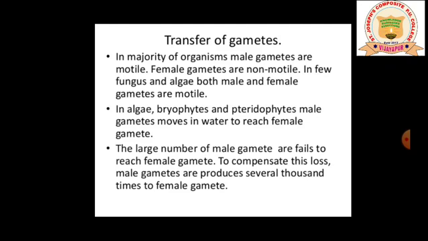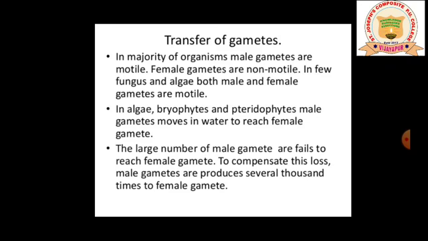In algae, bryophytes and pteridophytes, male gametes move in water to reach the female gamete. As I said, there has to be a mating of male and female gametes so that there is a fusion of the male and female gametes to produce the zygote. So either the male has to come and fuse with the female, or the female has to go and fuse with the male gamete.